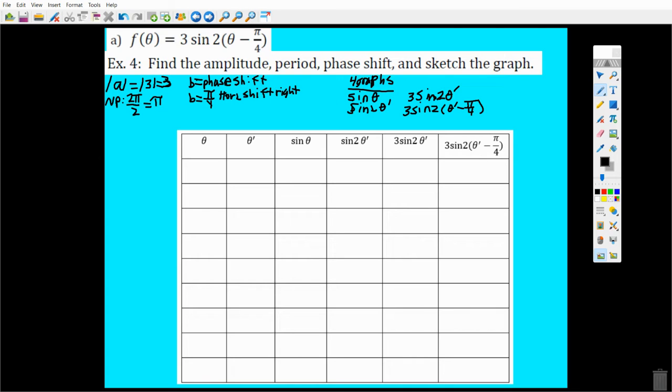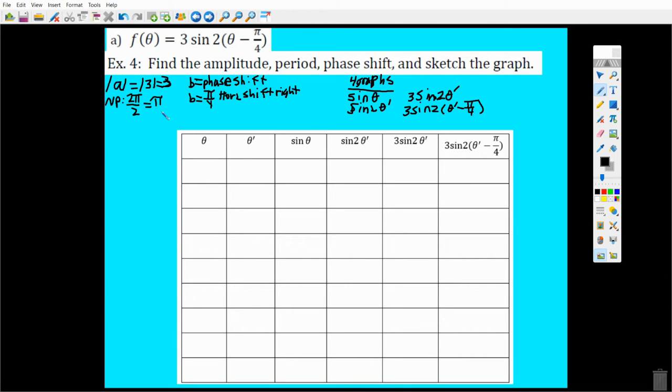So I'm going to go ahead now and fill in what I know in terms of my table here. So in terms of our table, theta, again, for this one, let me just go ahead and say that this is only going to go between 0 and pi, right?